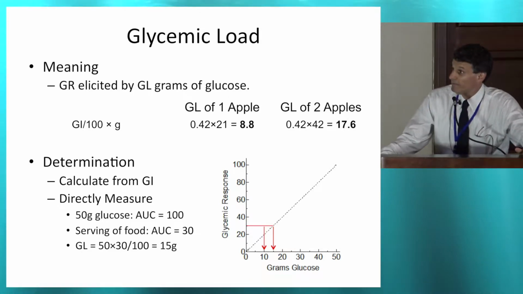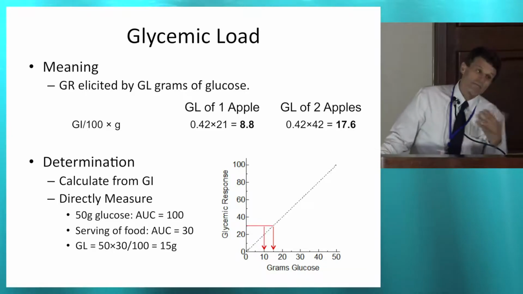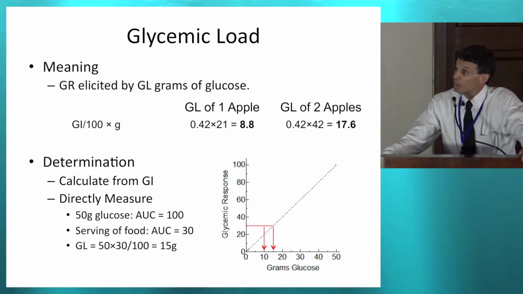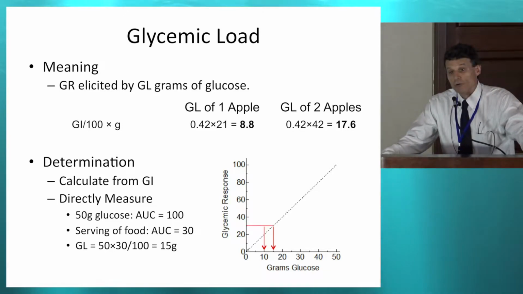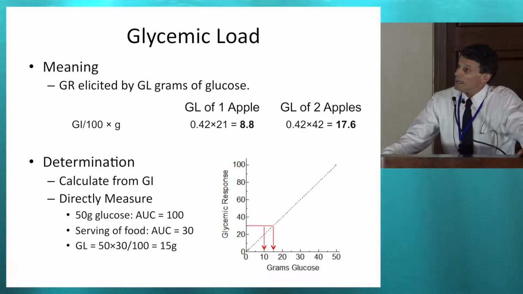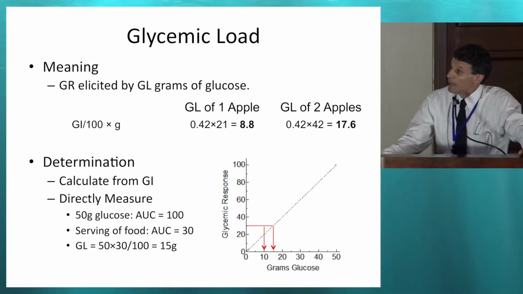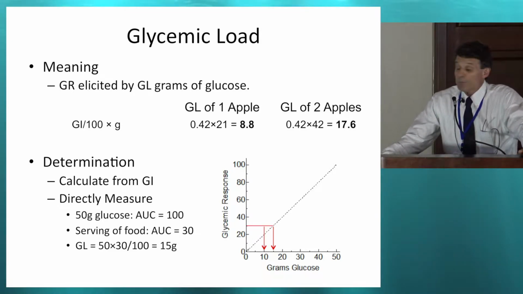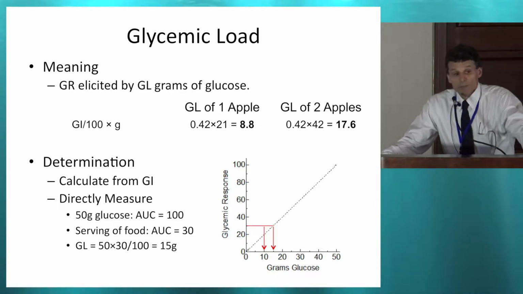My conception of the meaning, in all the popular books, and I've even been a co-author of them, is that it is the glycemic response elicited by the glycemic load grams of glucose. If you multiply the GI times the grams, the glycemic load of 1 apple is 8.8, and the glycemic load of 2 apples is 17.6.